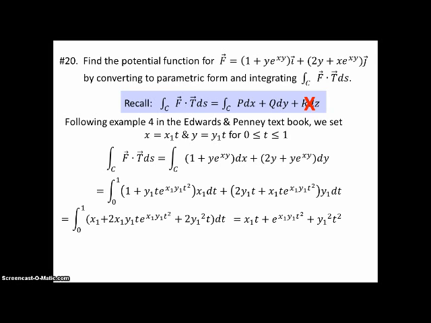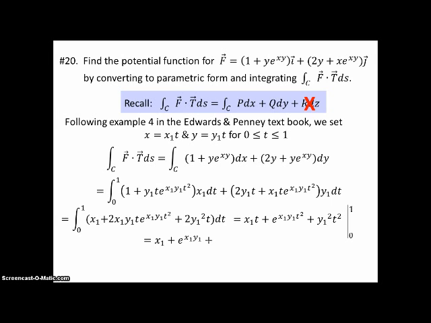Also you've got x1 y1 as the coefficient of t squared. So the antiderivative for 2 x1 y1 t is x1 y1 t squared, and so that just goes away. And then in the last term, the antiderivative of 2t is t squared, and we keep the coefficient. And that's going to be evaluated from 0 to 1.